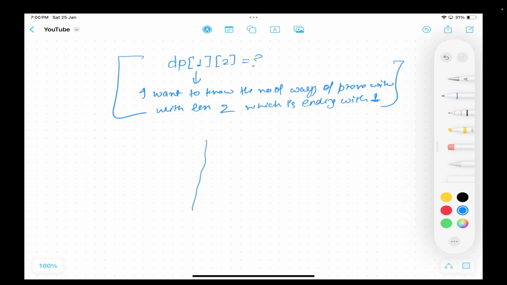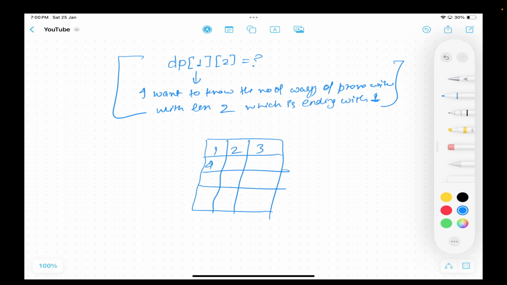Now here is the board. 1 2 3 4 5 6 7 8 9 0, and -1 just represents there is nothing there. Here I want DP of 1 and 2, the number of ways of phone numbers of length 2 ending with 1. So from where can we go to this 1?